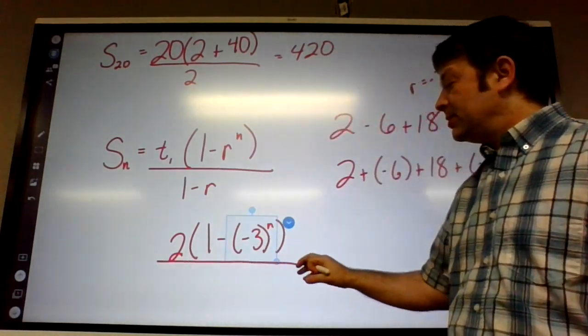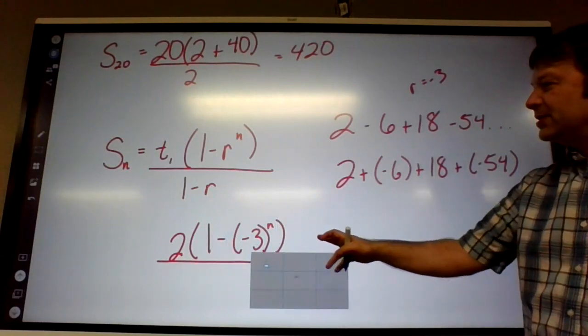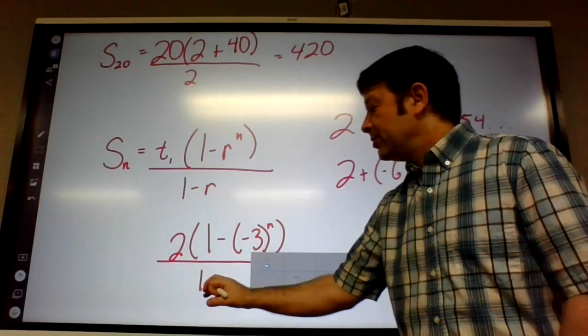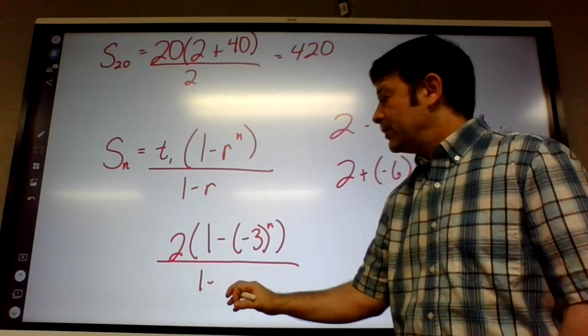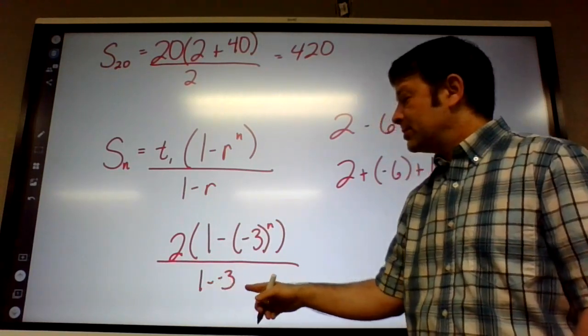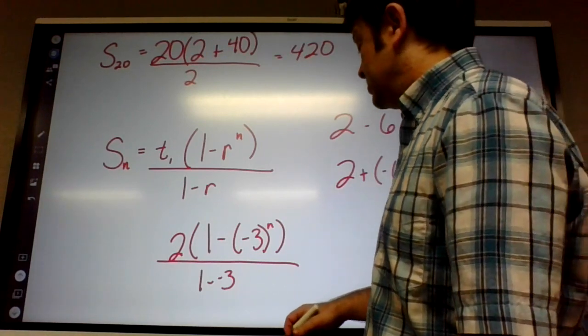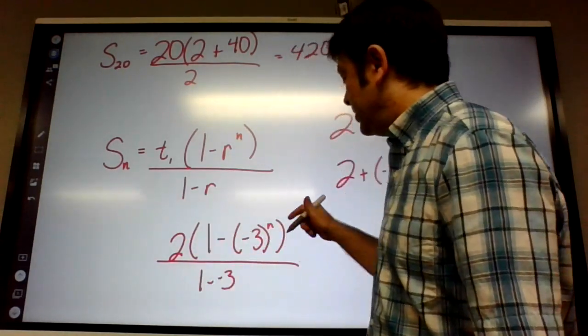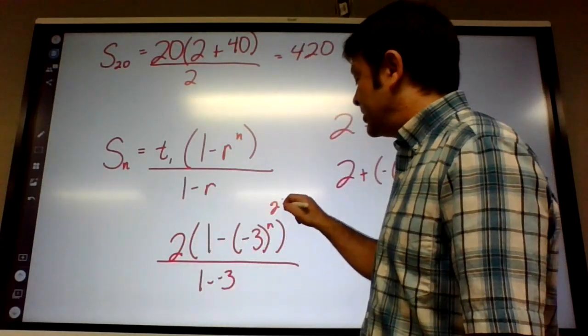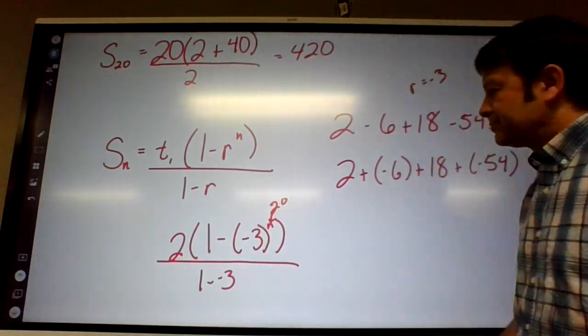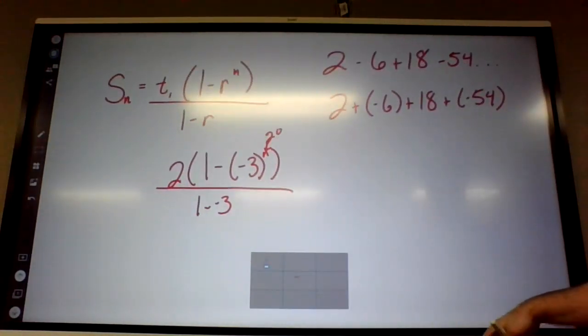So you do need the parentheses there. And on the bottom, it's 1 minus -3, so you could just say 1 plus 3. But anyway, that would give you the sum. Oh, I didn't choose an n, did I? Well, if n was like 20 like we did last time, you just plug 20 right there. Whatever.